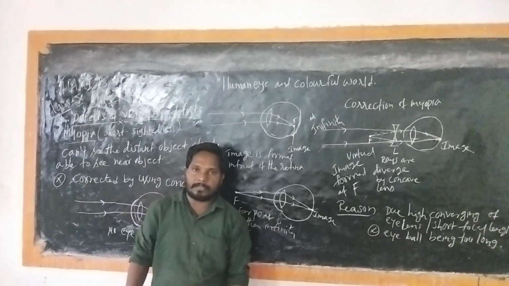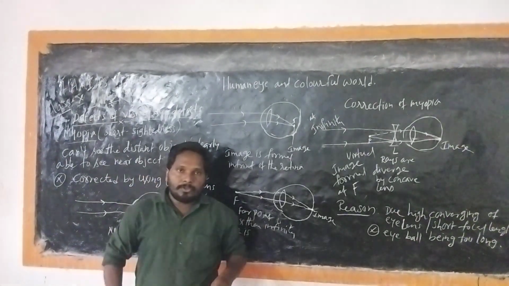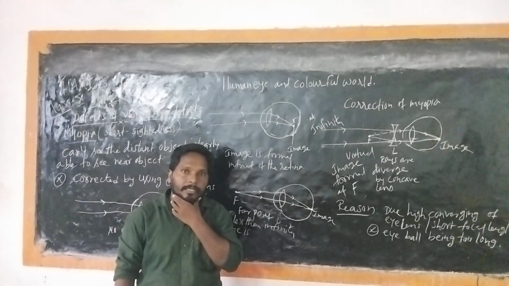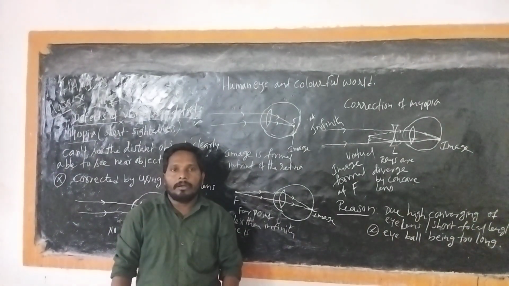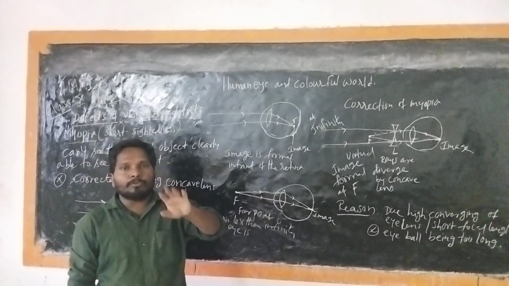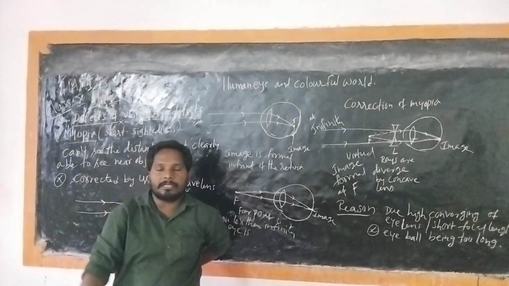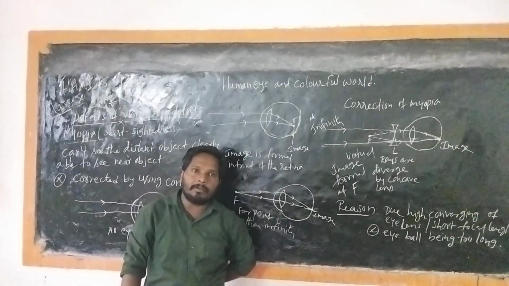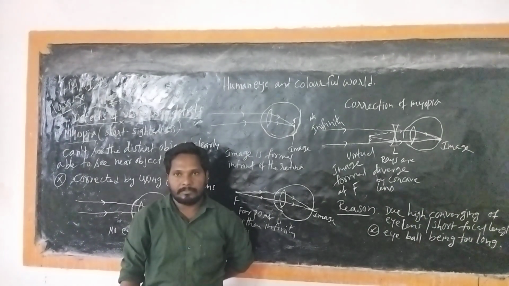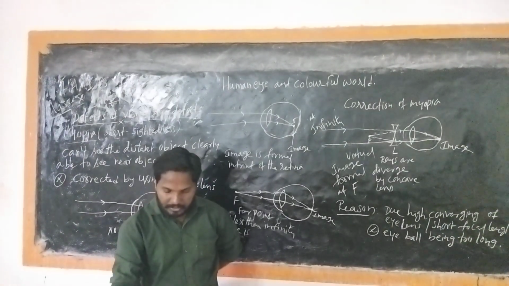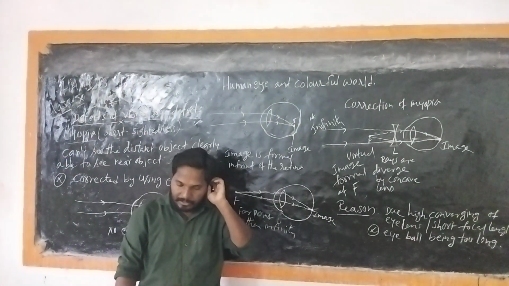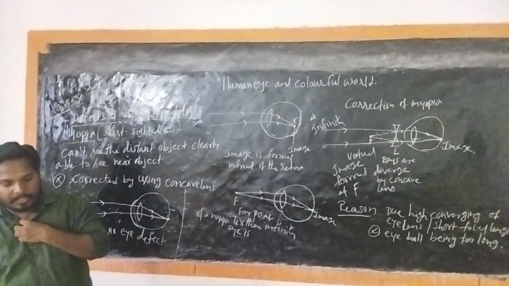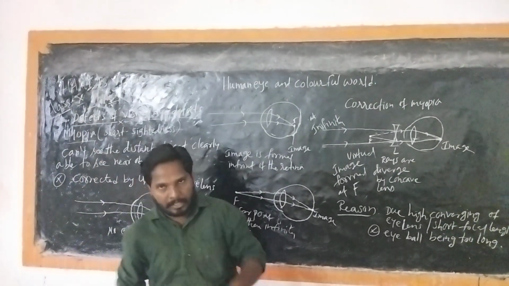So what are eye defects? Generally, the ability to see objects is called vision. It is also called eyesight, or simply sight. Sometimes the eye of a person cannot focus the image of an object on the retina properly.